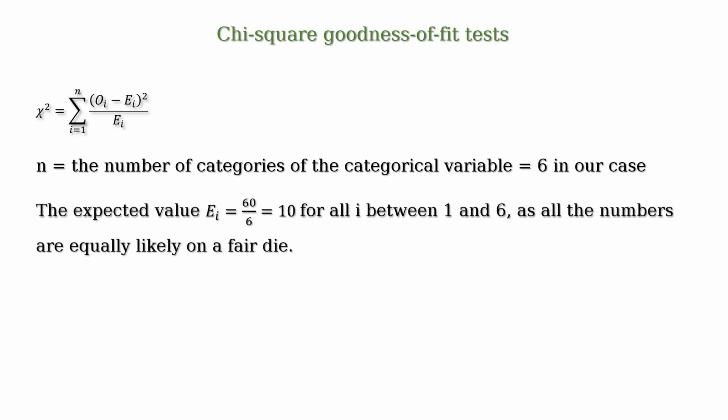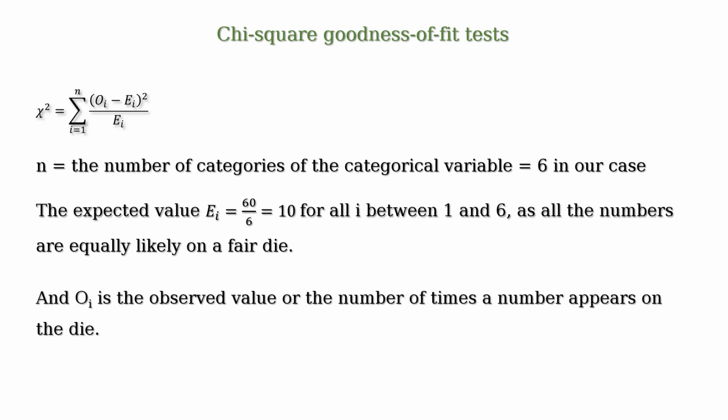Now, in our case, the expected value or Ei is equal to 60 by 6, that is 10, for all i between 1 and 6, as all the numbers are equally likely on a fair die. And Oi is the observed value of the number of times a number appears on the die.